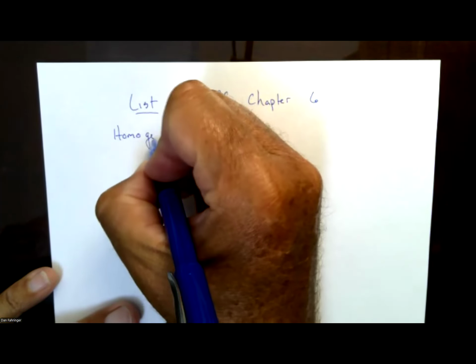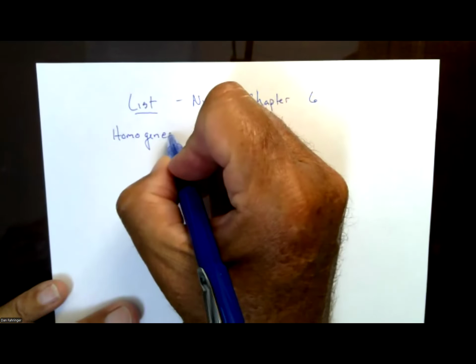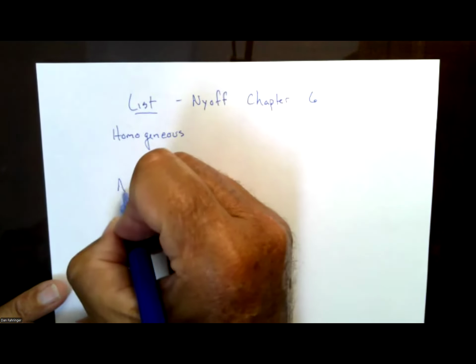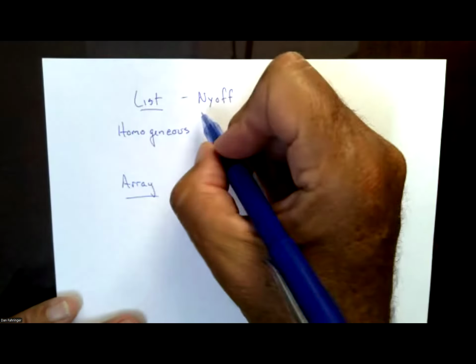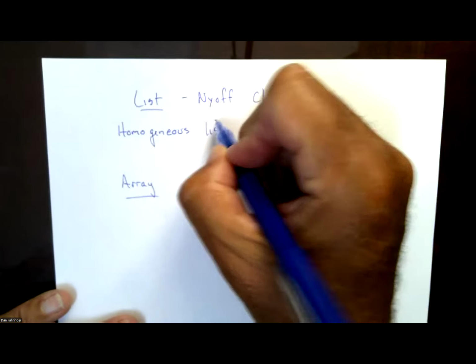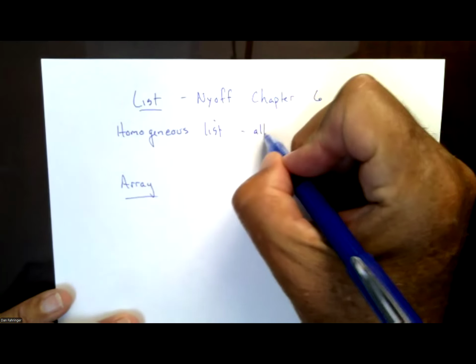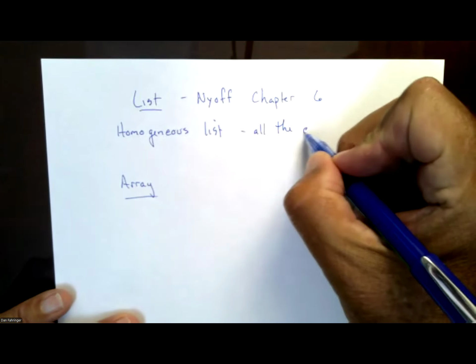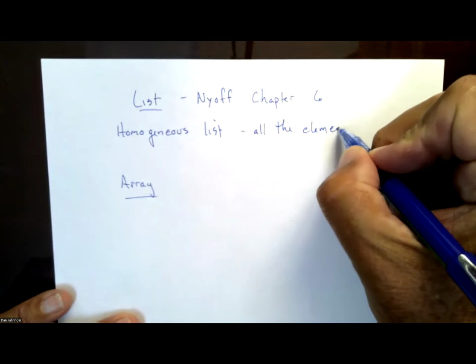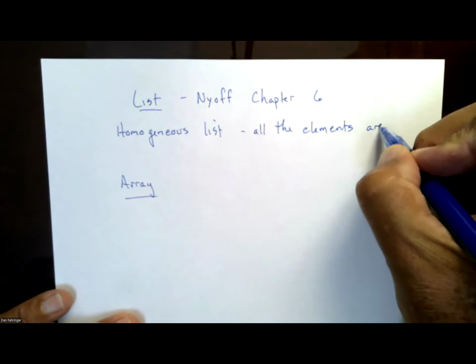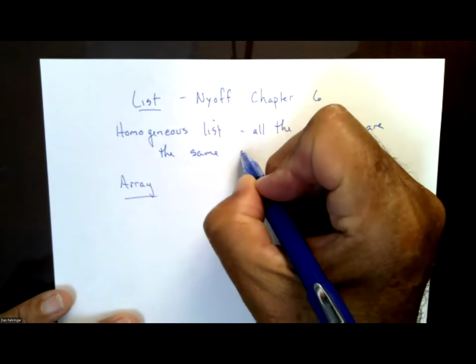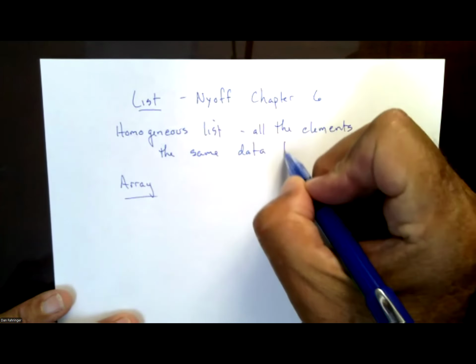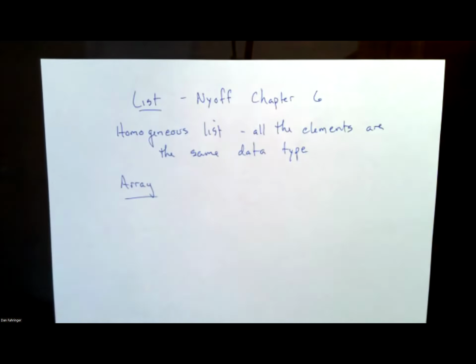And you've done this already because I'm going to start with we've stored data in an array. It's a homogeneous list. And what do we mean by that? All the elements are the same data type. Are we good with that?